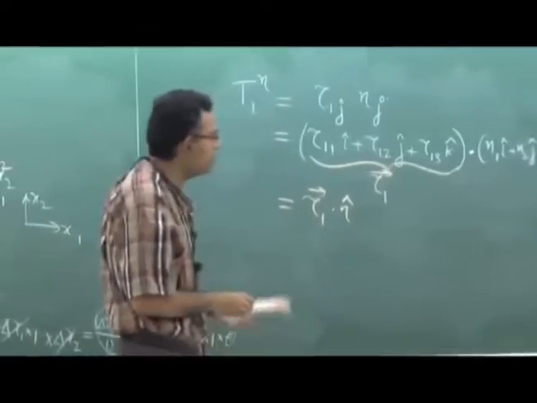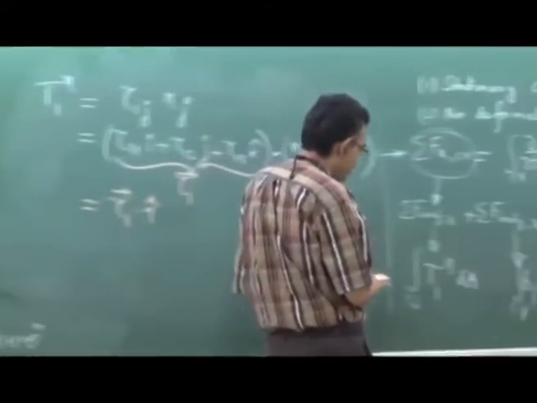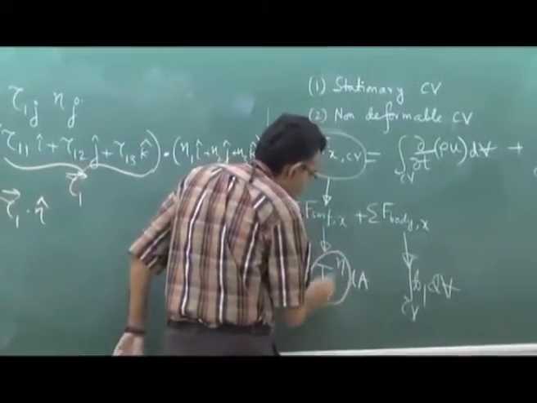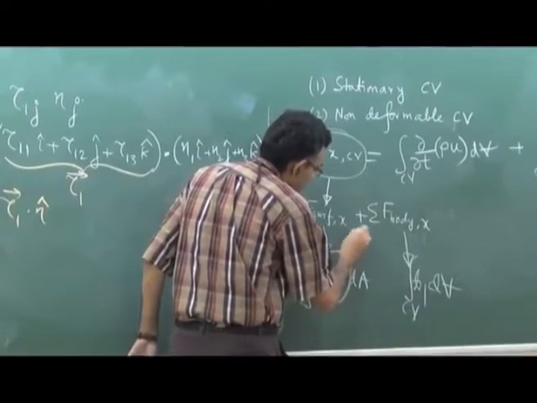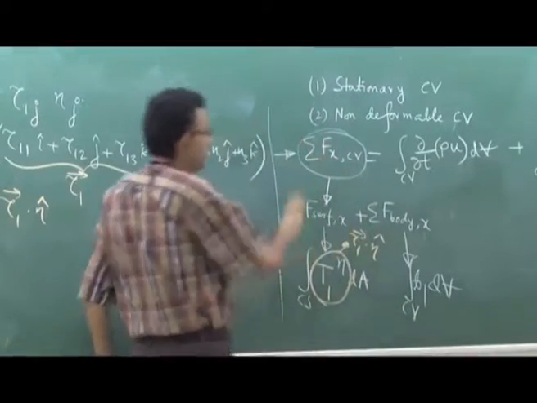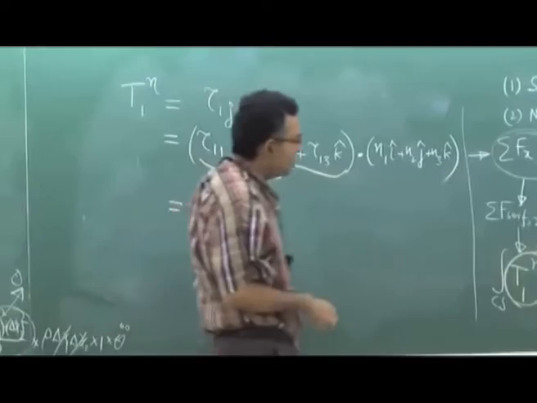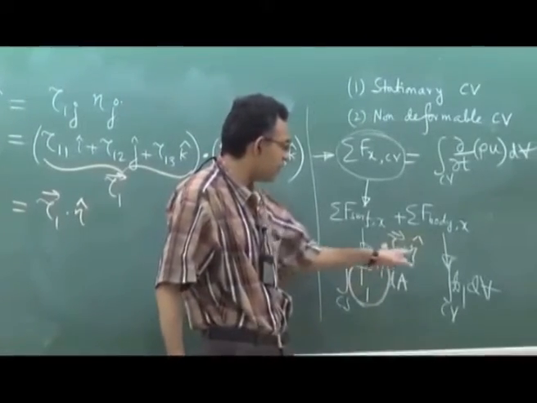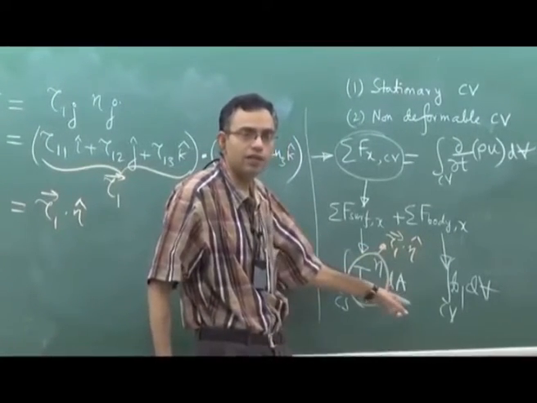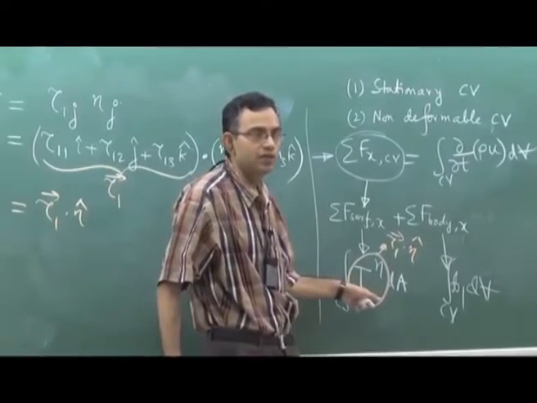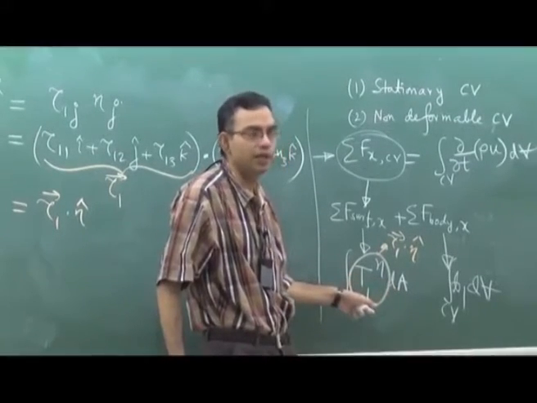Why we have given it in this way is that in this term you are able to write this as f dot eta dA. So, you can convert it into divergence f dV, so that you can convert it into volume integral.